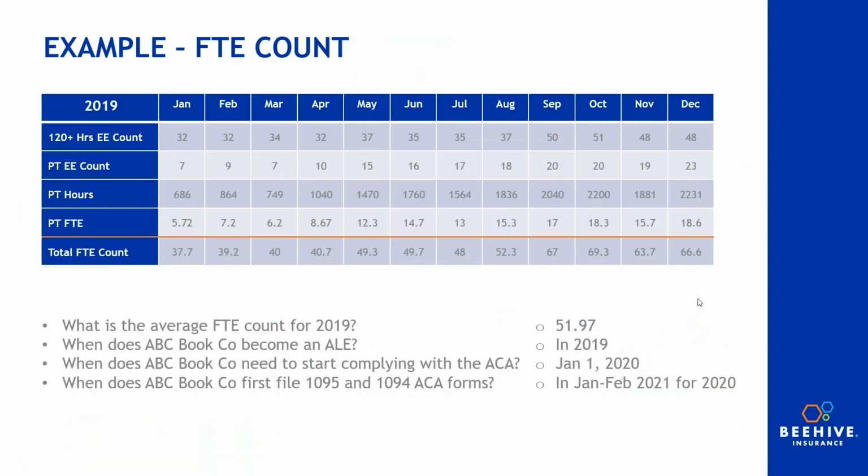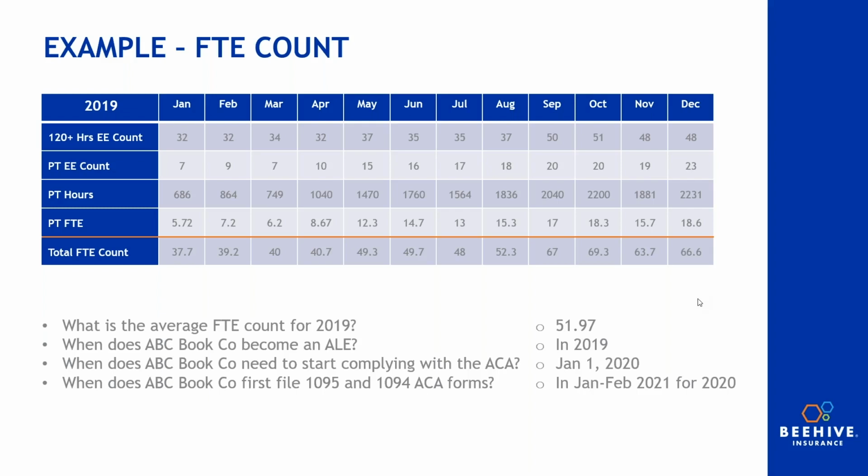That is an excellent question. They are still going to be considered an applicable large employer for that year. If they drop drastically below 50 full-time employees in 2020, they may find that they won't experience any penalties depending on the number of eligible employees, and that will be covered slightly more in depth in our third webinar next Tuesday.